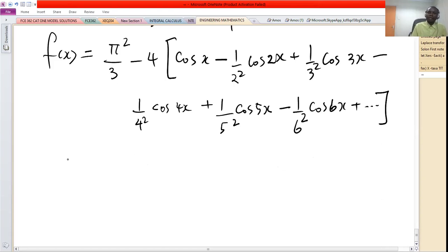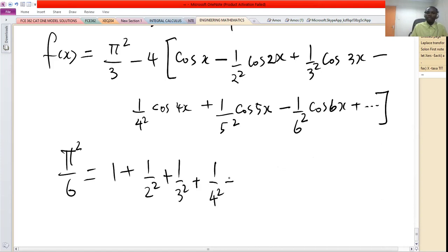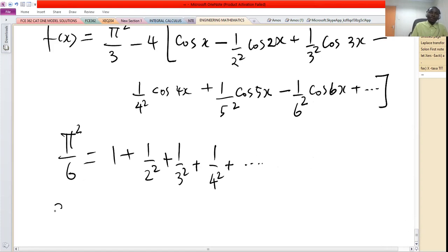Then lastly, to show that pi squared over 6 equals 1 plus 1 over 2 squared plus 1 over 3 squared plus 1 over 4 squared plus etc. So let's call this one alpha, this answer I've got in here.